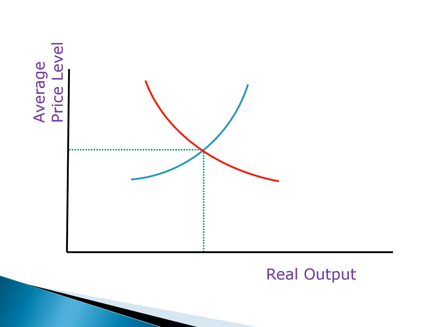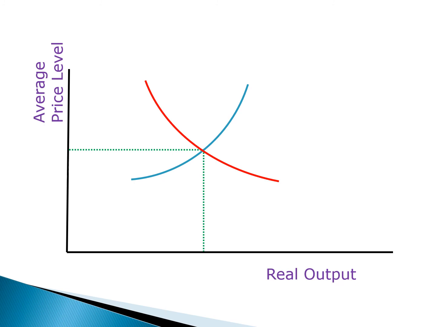Now they will be obeying the law of supply, and the law of supply will give us a positively sloping curve from left to right.